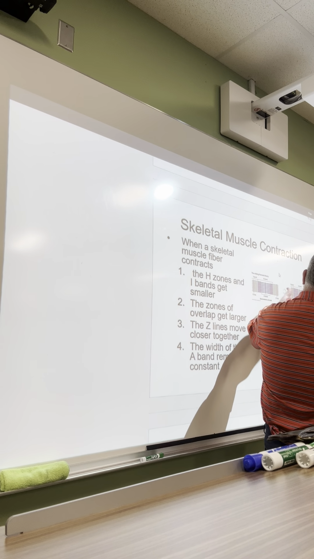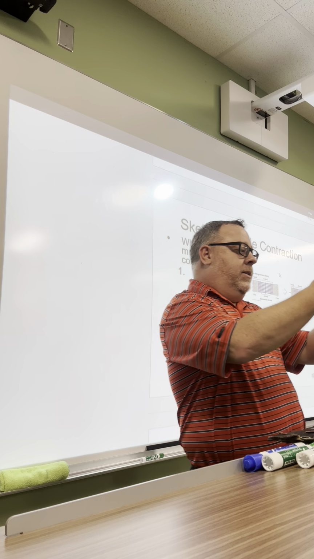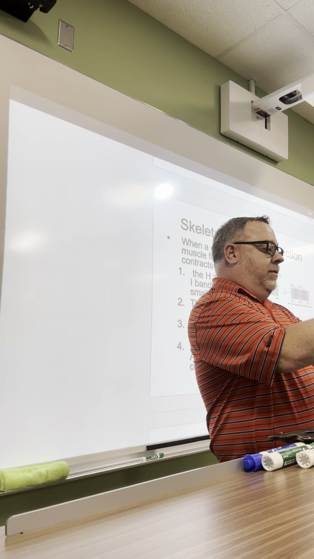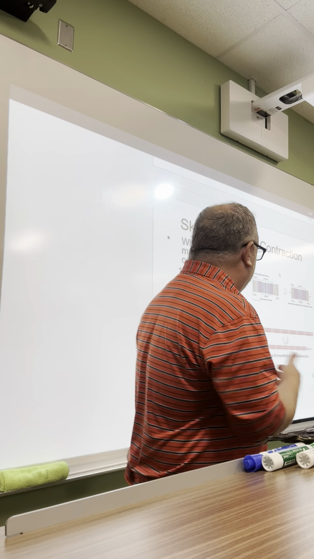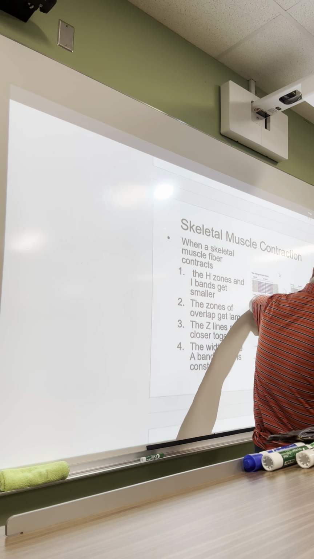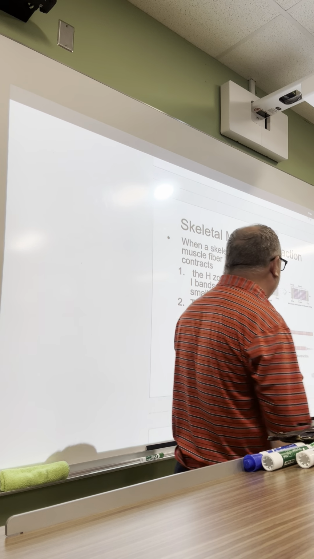So these will actually shorten. Almost like if you put your fingers together such as this, they have to touch each other so they can sort of ratchet themselves closed and so forth. And we'll go through each one of those as we go. And so this is an individual sarcomere at rest and also at contraction.